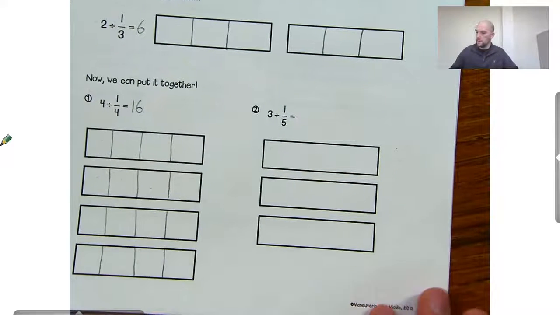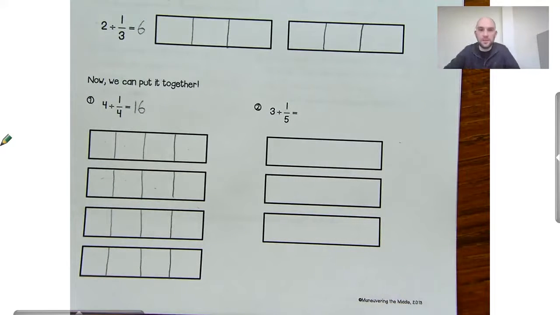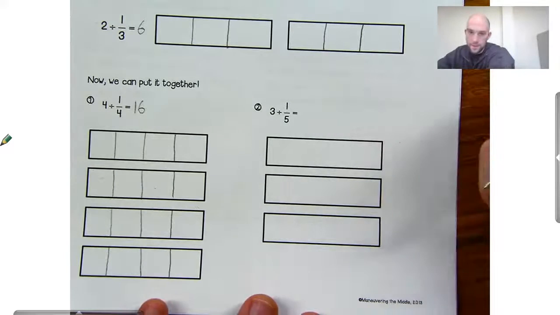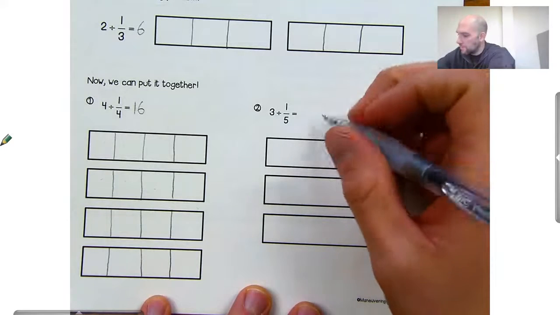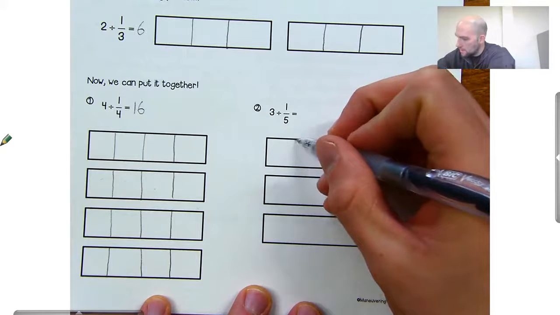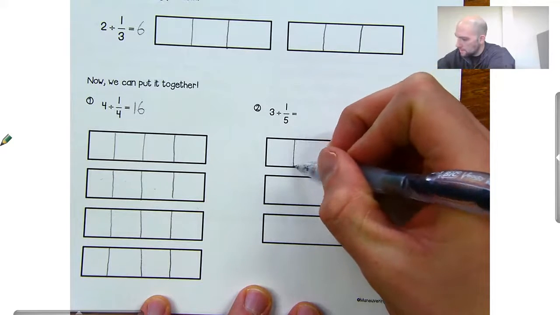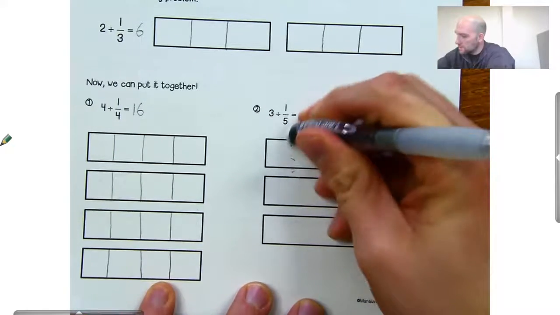All right. So next, on number 2, it says we need to do 3 divided by 1/5. So 3 rectangles, each divided into fifths. Actually, I have to make fifths, so I probably want to make them a little smaller than that.